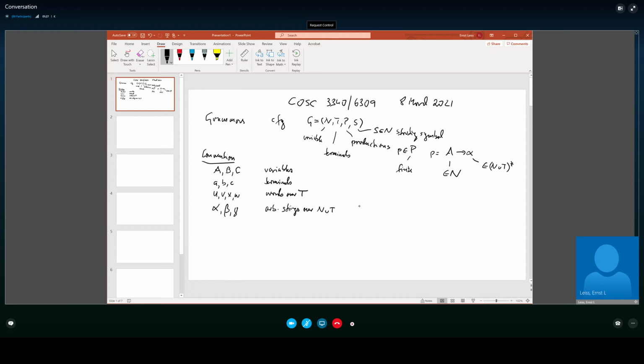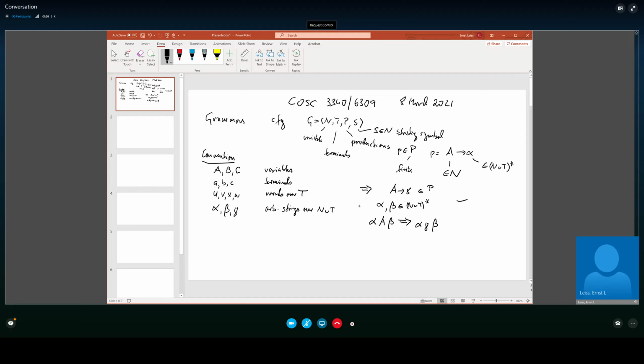Now we've defined a derivation. If A goes to gamma is a production, and we have alpha and beta arbitrary strings, including epsilon, then alpha A beta derives alpha gamma beta.